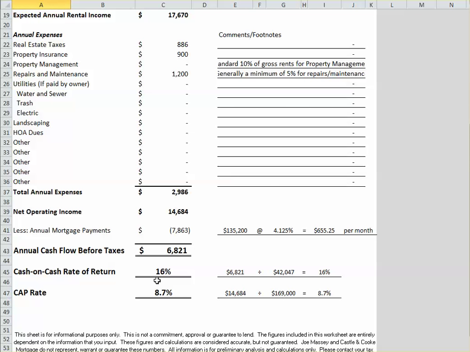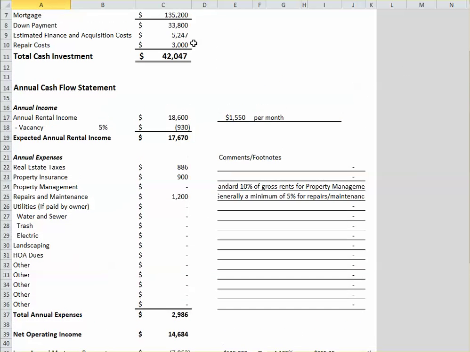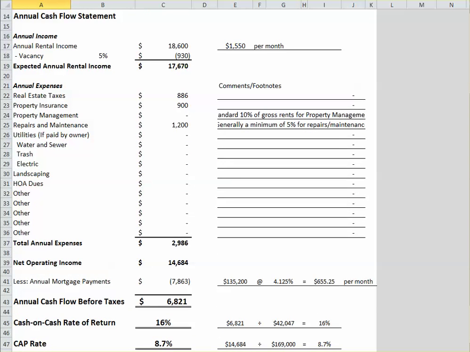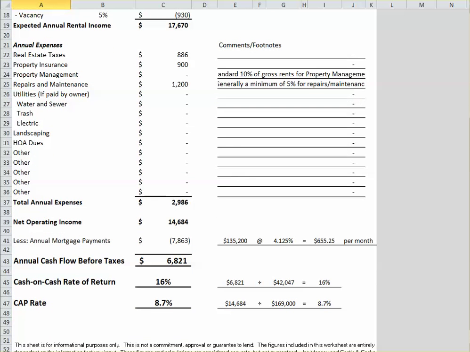What it means is you put in a certain amount of money, like $42,047. At the end of 1 year, based upon all the assumptions we made, you should have a cash flow of $6,821. Do the math, and that's a cash-on-cash return of 16%. So what are you getting in the bank?